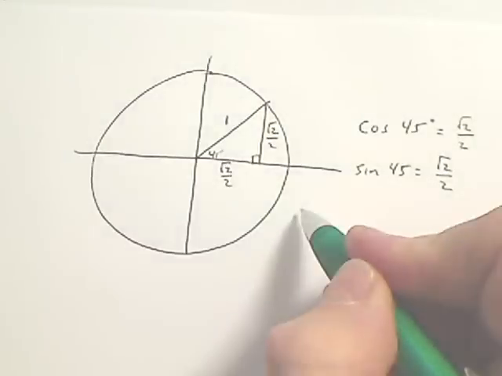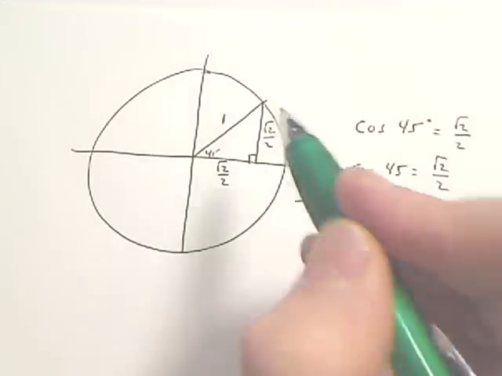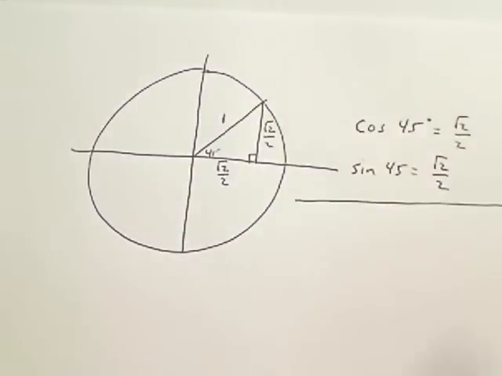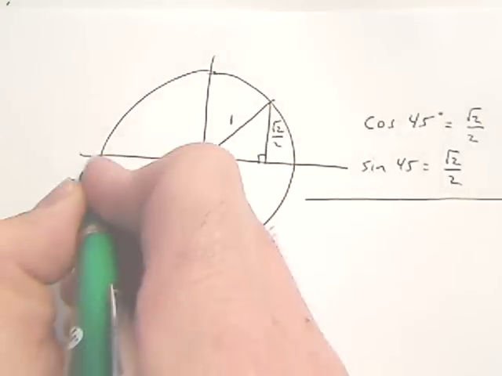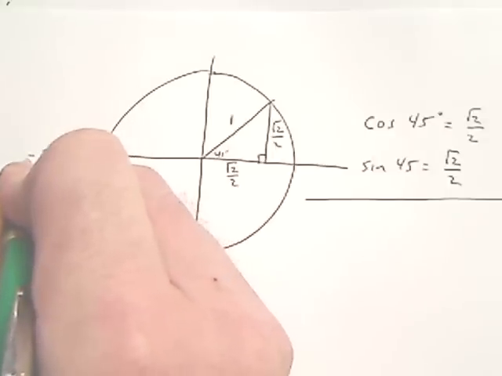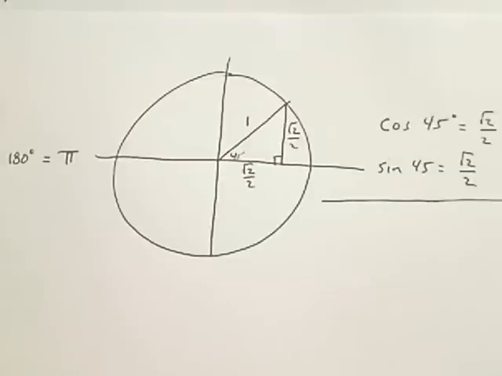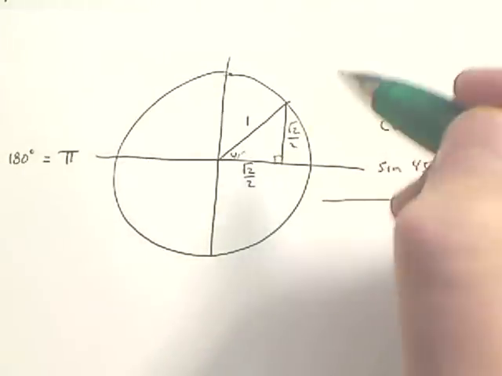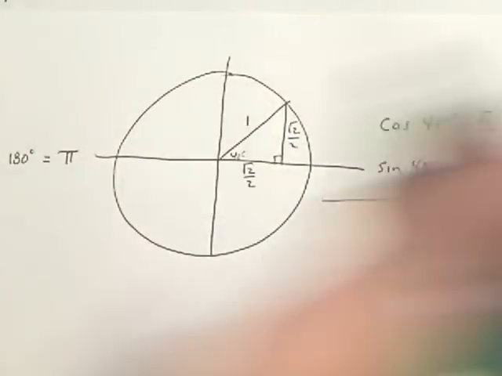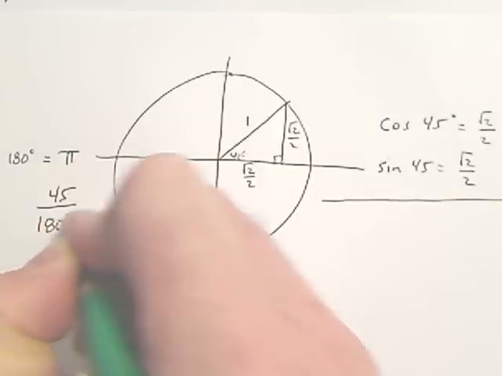Now, we are not going to have degrees, so we need to figure out 45 degrees is what in terms of radians. So we come back over here and we recall that straight left is pi, and pi is equivalent to 180 degrees. So 45 degrees is what fraction of 180? 45 is what to 180?